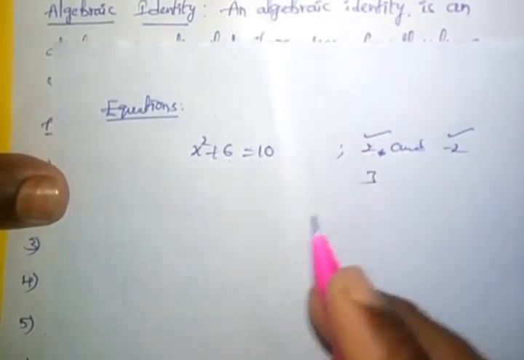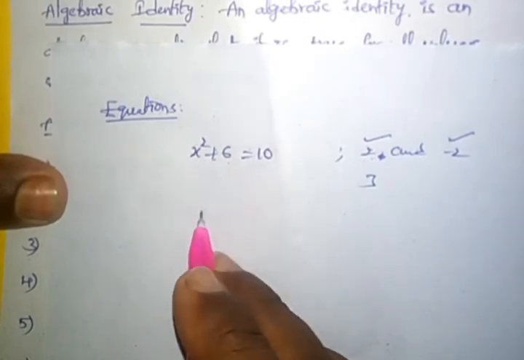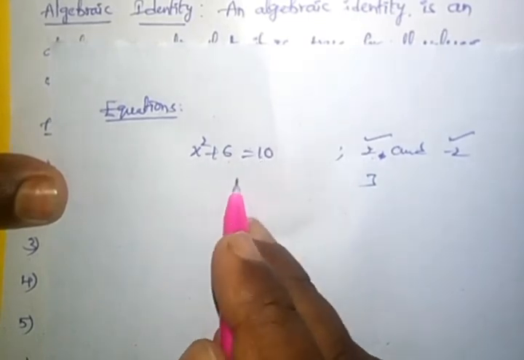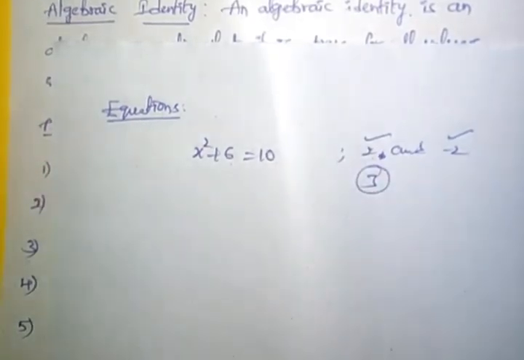If you take 3, it is not true, because 3 square means 9 plus 6 equal to 15, which is not equal to 10, so it is not true for the value 3. Simply we can say that an equation is only true for a few values, whereas an algebraic identity is true for all the values of variables.